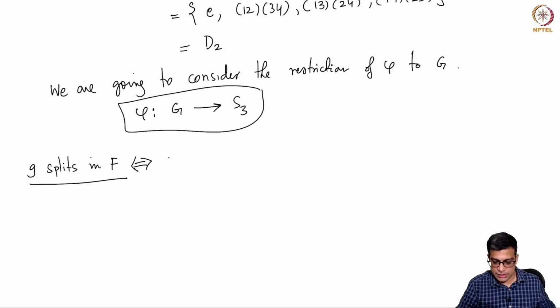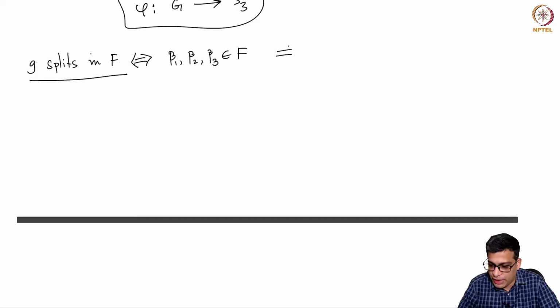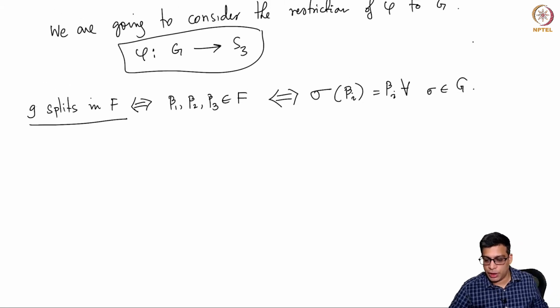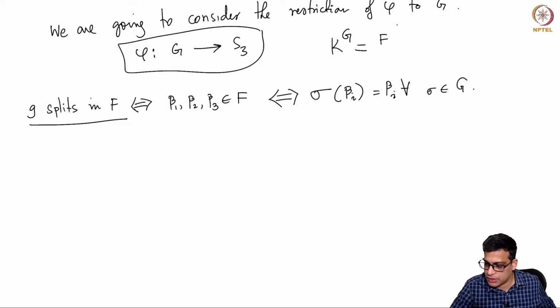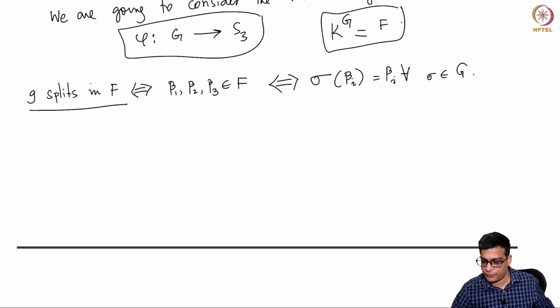So that means beta 1, beta 2, beta 3 are in F. But this means sigma of beta i is equal to beta i for all sigma in G, right? Because if every element of G fixes something, that's in the fixed field which is F. So sigma beta i is equal to beta i for all sigma in G.